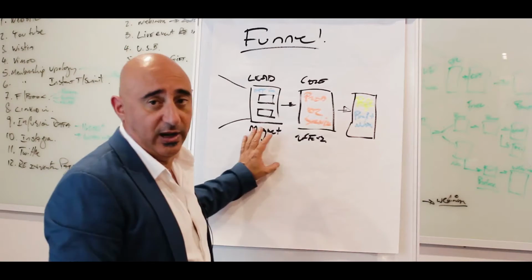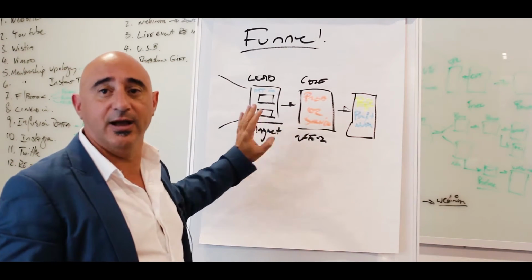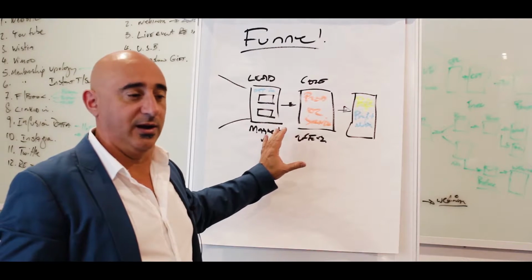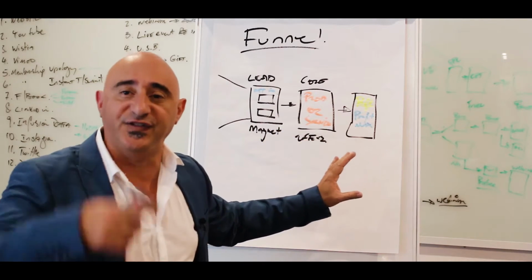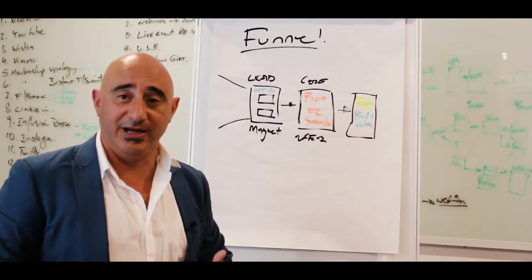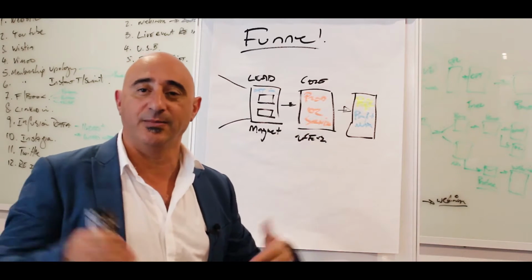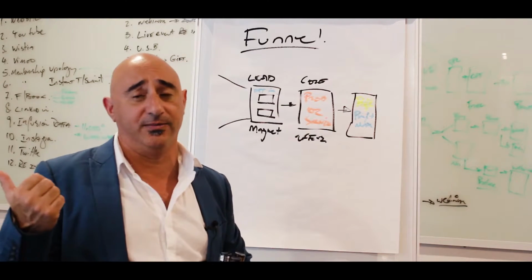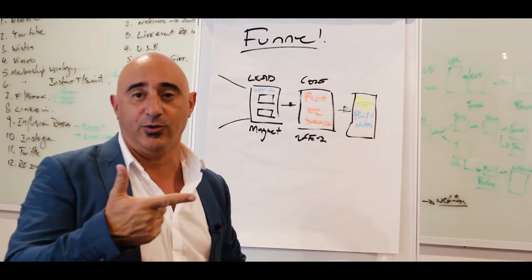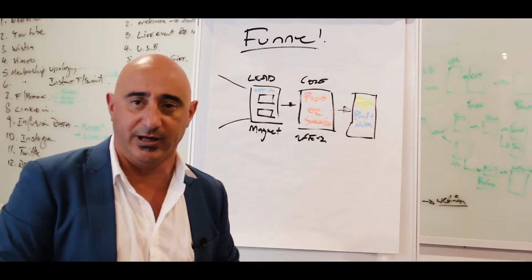So what does this look like if I use McDonald's as an example? The lead magnet: come in and get a sundae for 50 cents. That's a lead magnet. It draws people into the restaurant. The core offer is, would you like a McValue meal? So you're going in for the ice cream, but once you're there, you go, you know what, I'm not just going to get the ice cream, I'm probably going to get a McValue meal.